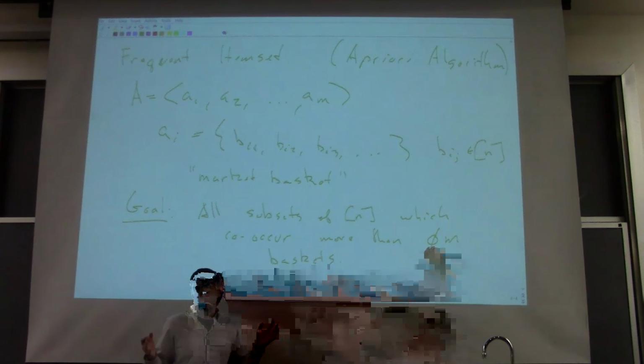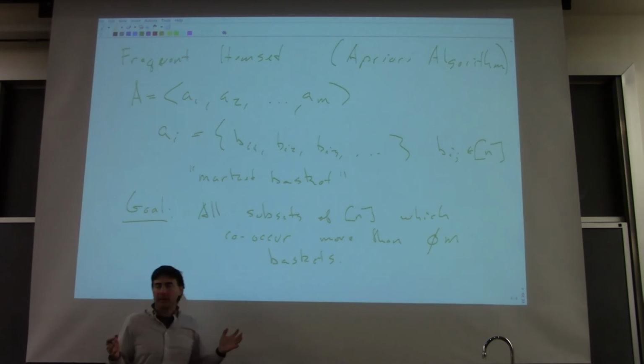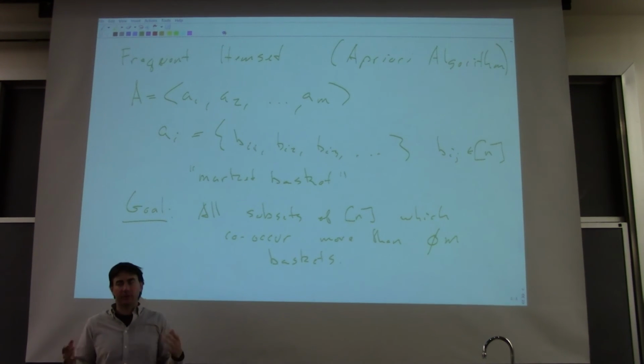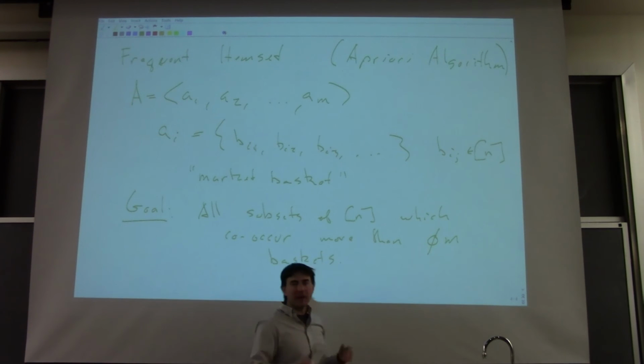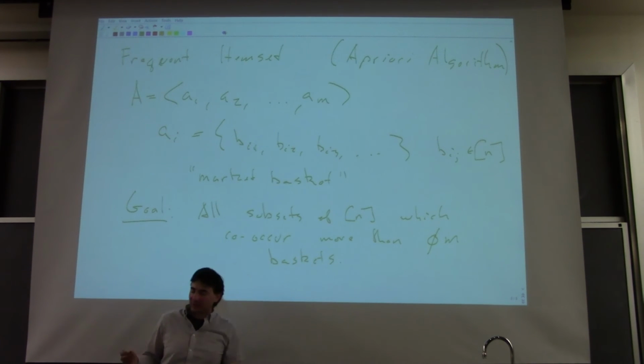Before we knew that there could be no more than so many individual items, but now m is the number of baskets, so you might have a different set of subsets.